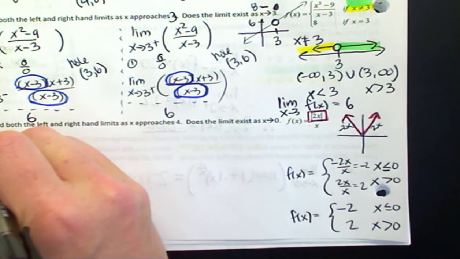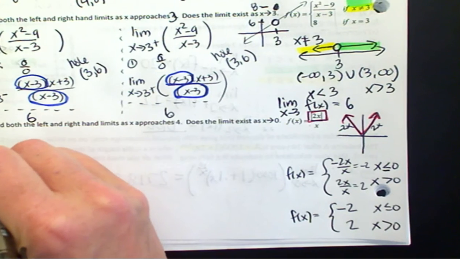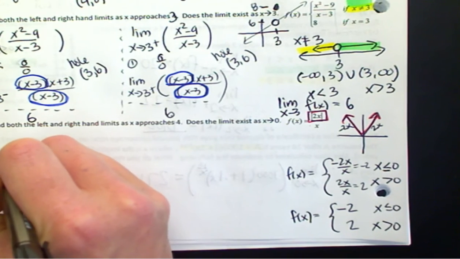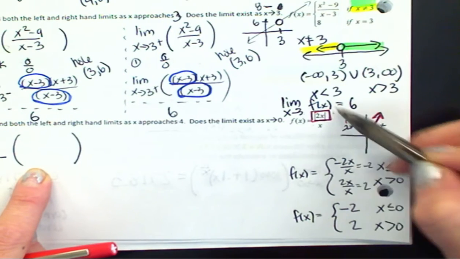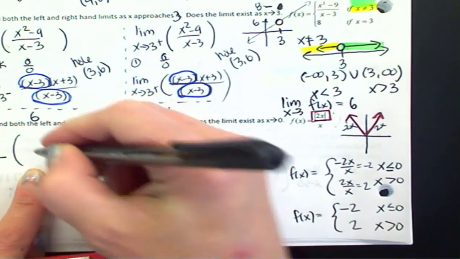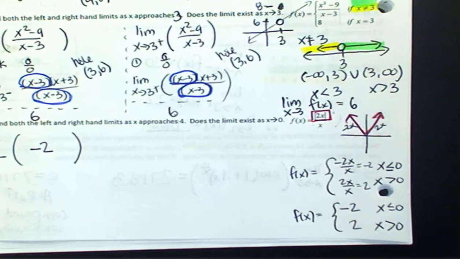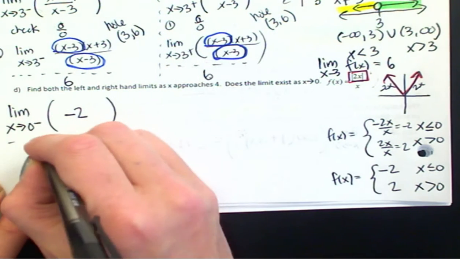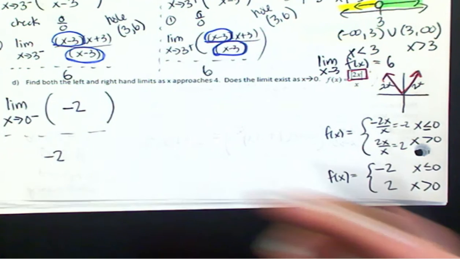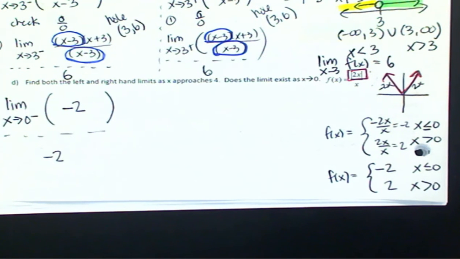Evaluate the limit. The limit as x approaches 0 from the left. Well, to the left of 0, I get this. We will check it graphically to help confirm what we just did. There's nothing to plug in.